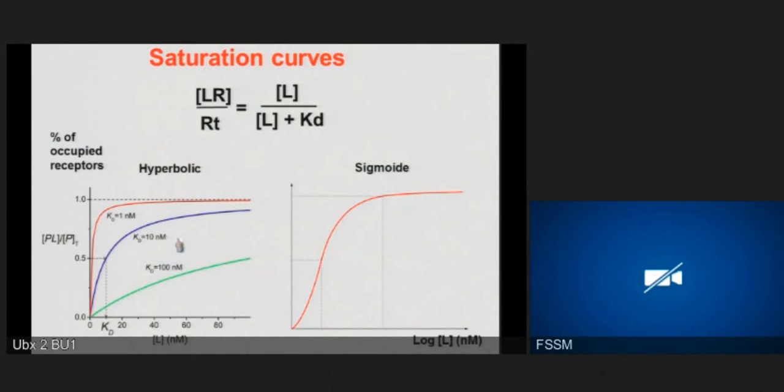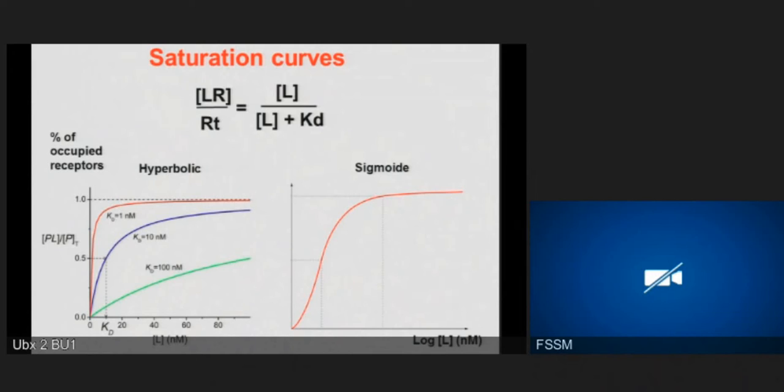If I express the KD of 10 nanomolar, the blue curve should be somewhere here, so I would get something like 10 minus 8. And for 100 nanomolar, maybe 10 minus 7. And for 1 micromolar, so quite bad affinity, 10 minus 6.